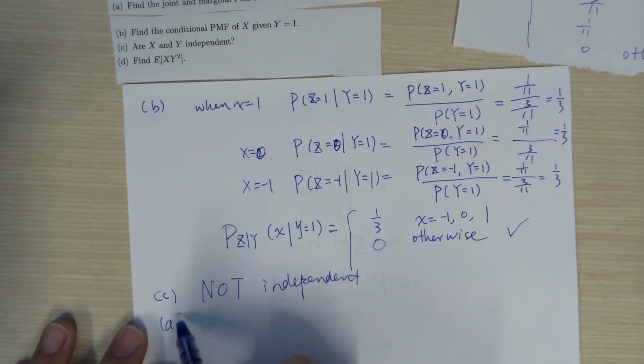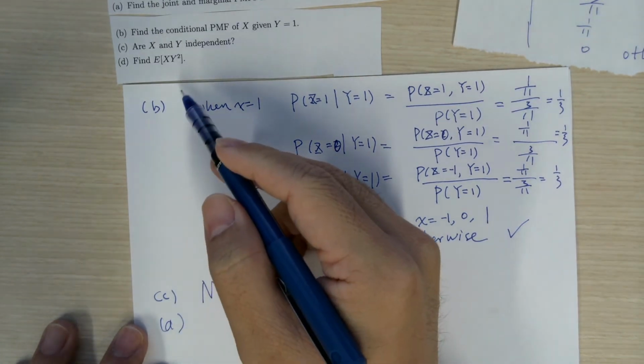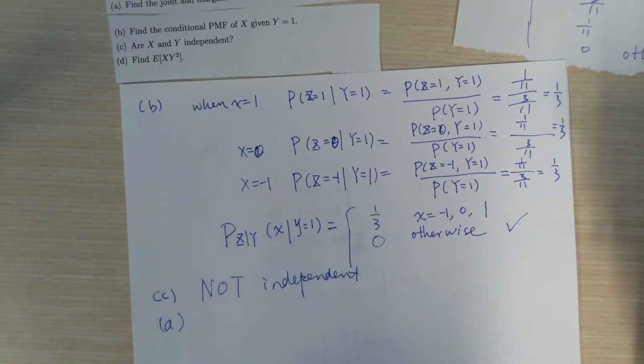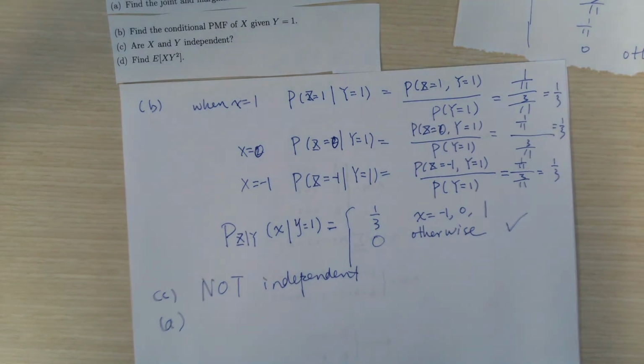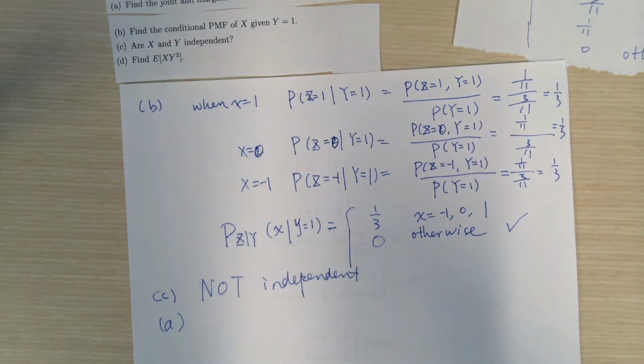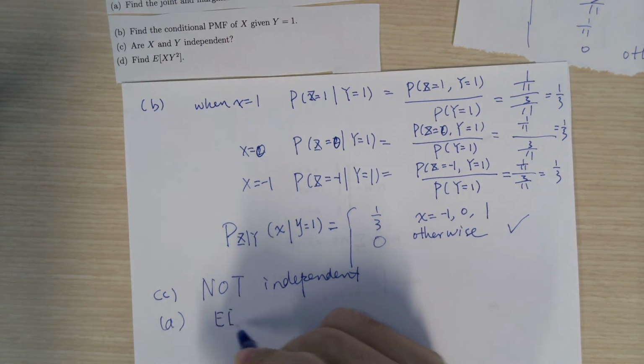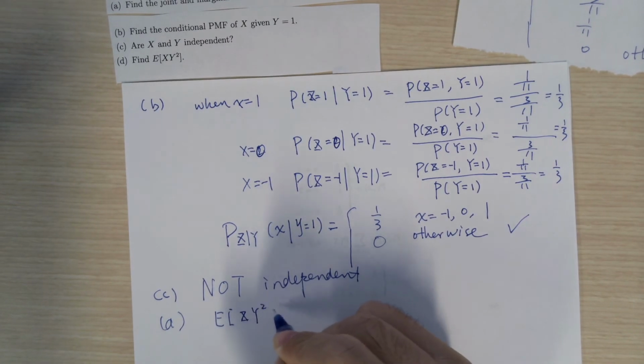And then D, figure out the expectation of XY squared, right?